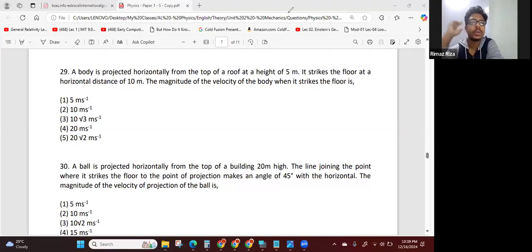Study well, do more questions. By the way, if you find any question difficult and you need a thorough explanation, or if you don't understand how to do a question, you can share that question in the paper class group. If you don't want to share it in the group, you can share it with me, but rather you can directly share it in the group so we can discuss those questions in our paper class group itself, because we have to focus on questions which are more difficult.